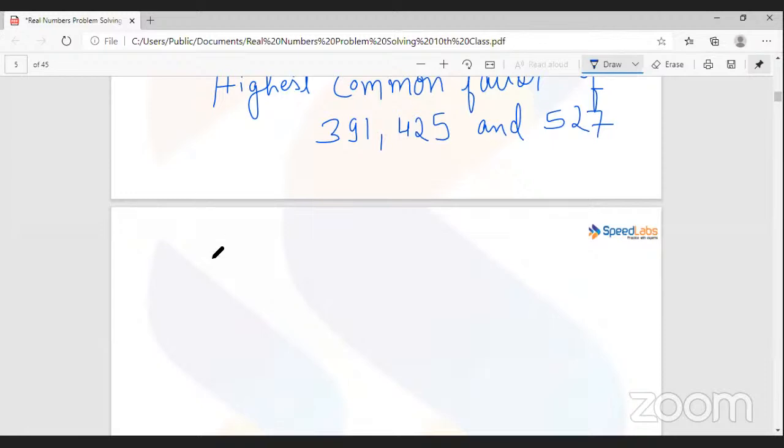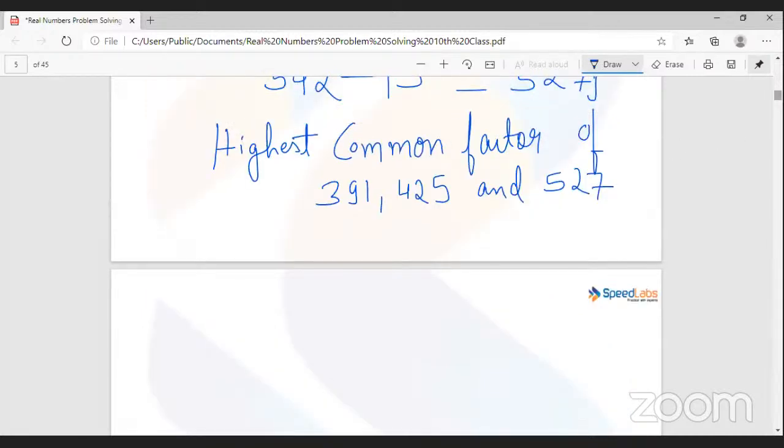Ma'am, the product of the largest power of each factor. Yes, we have to multiply. So can you tell me the prime factorization.